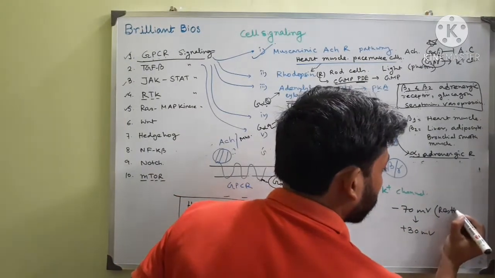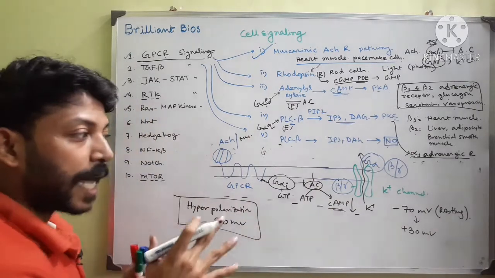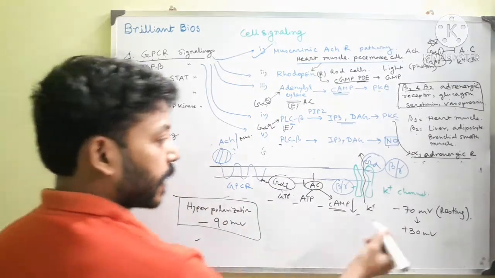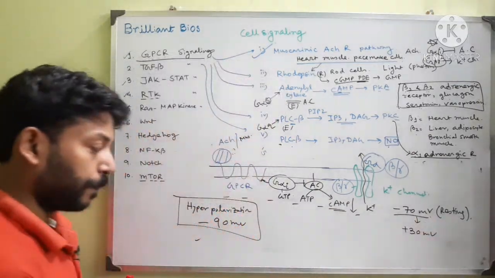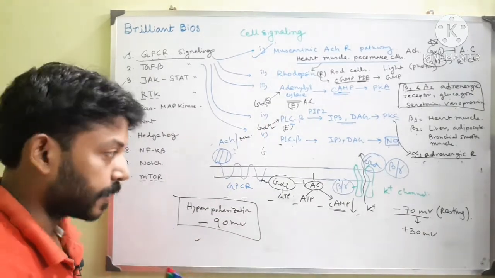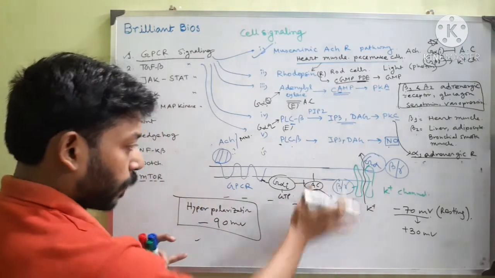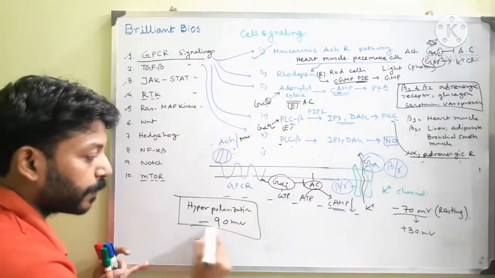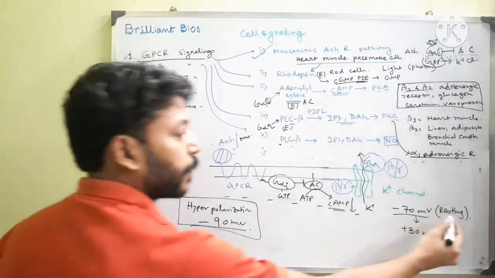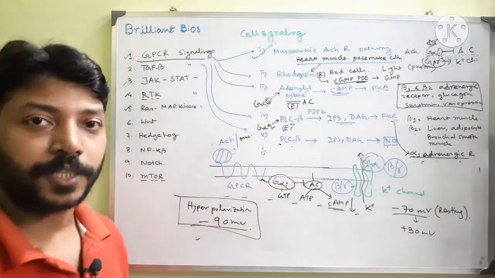When a cell is in resting condition, it has a voltage inside that is negative, minus 70 millivolts. But when it becomes hyperpolarized, that means when positive ions come out from the cell, it becomes more negative than the resting membrane potential. Then this cell cannot be stimulated.